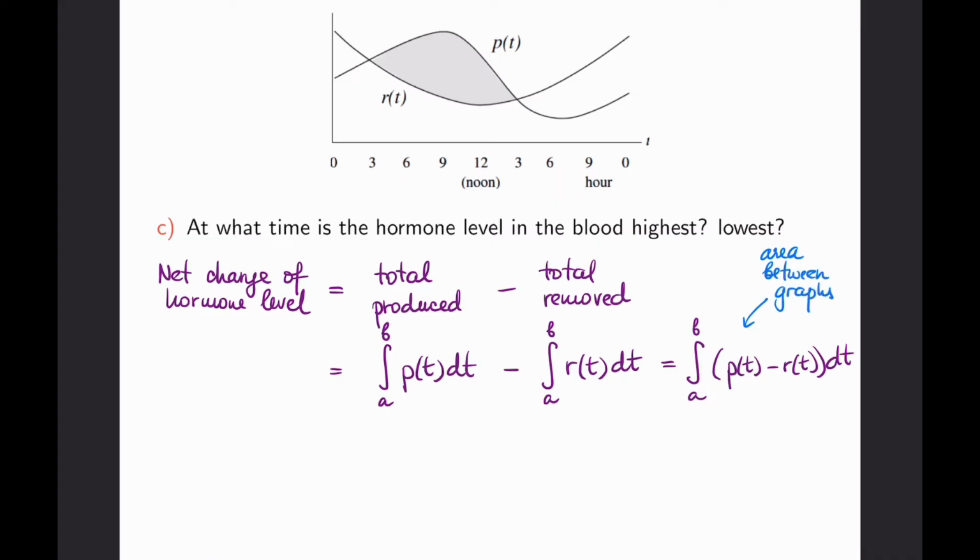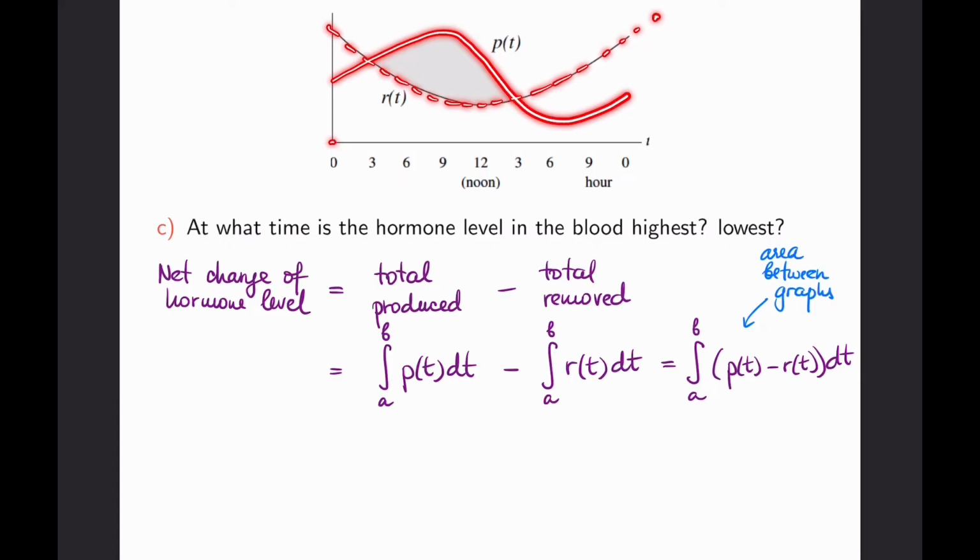Now that means that we can interpret our question as a question about area. When is the hormone level the highest? When the area between the two graphs is the largest. So as the production rate increases and then decreases, at the same time the removal rate decreases and then increases, at which point is the area between the two graphs the biggest?